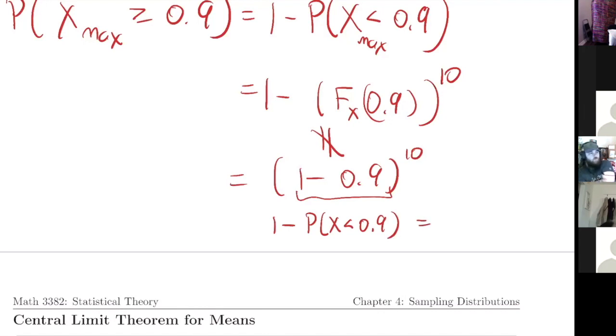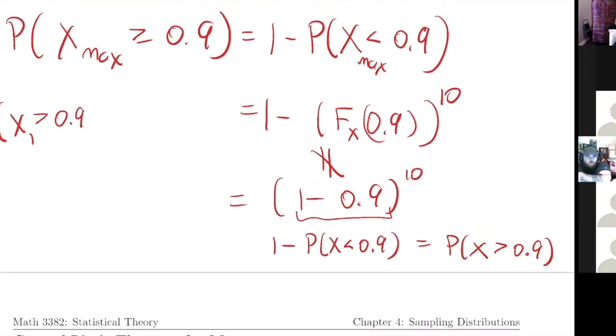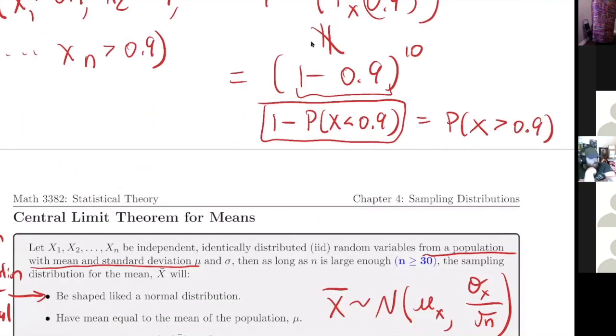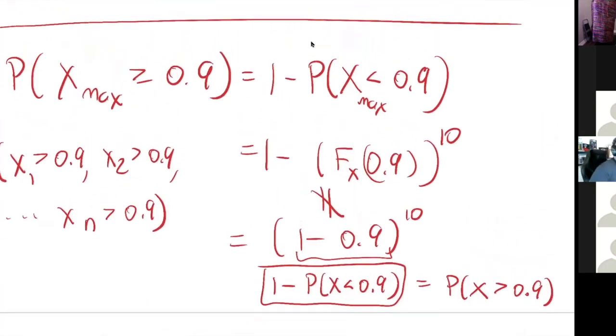In other words, each of these things is telling us the probability that any one value of x is bigger than 0.9. I think the problem there is you might be thinking about this as saying, what is the probability that x1 is bigger than 0.9 and x2 is bigger than 0.9 and so on. And what we want is for x max to be not bigger than 0.9.